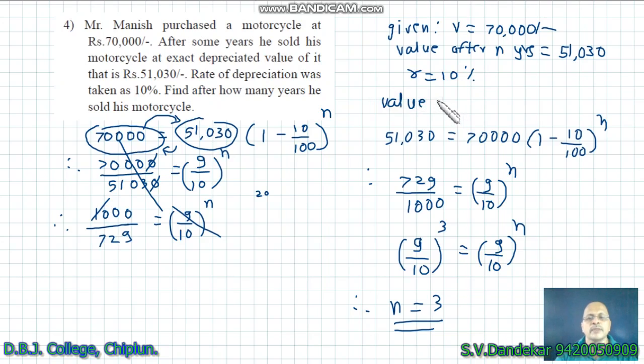Value after n years is equal to V into (1 minus R by 100) raised to n. Then put in that formula, put these values and find out the answer. Always follow the same steps. Do not go directly. There is a possibility of mistake.